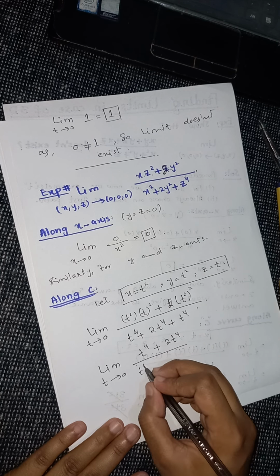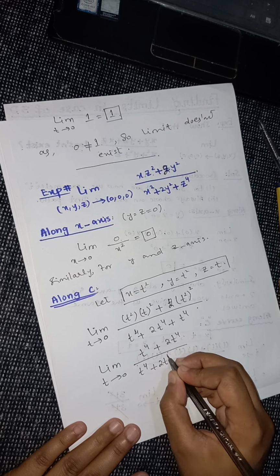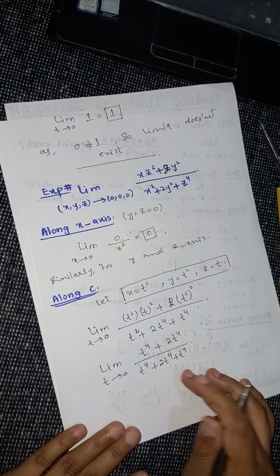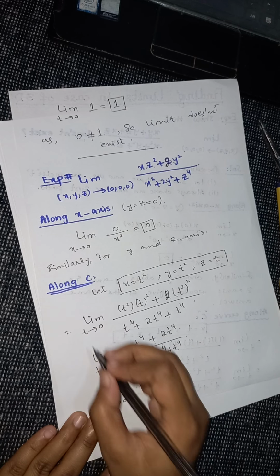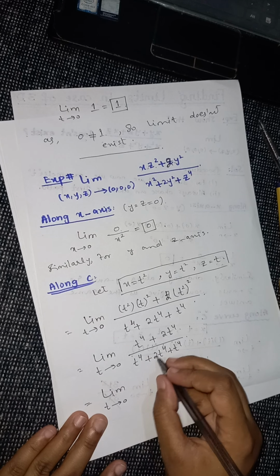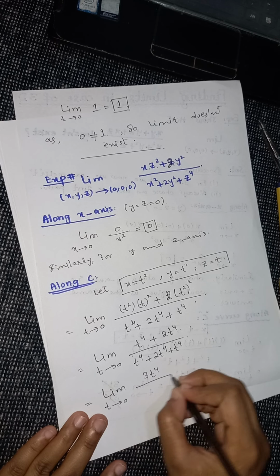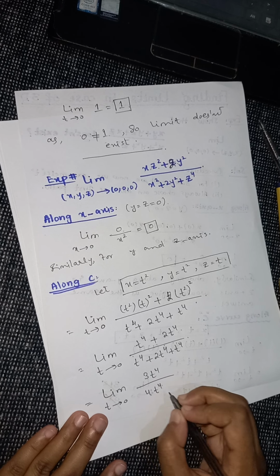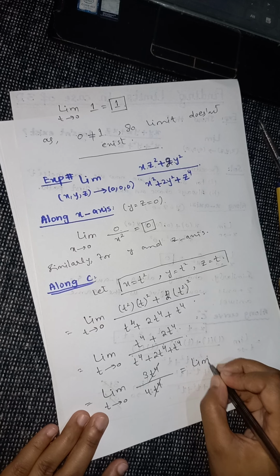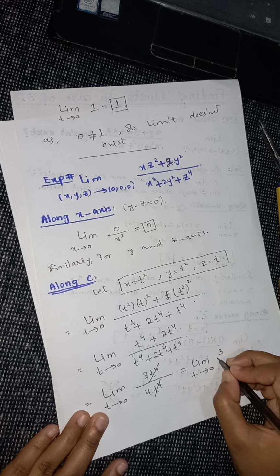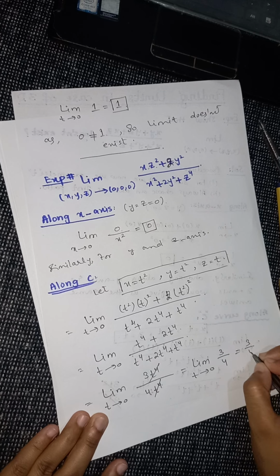And so here we have t4 plus 2 t4 plus t raised to power 4. And if we simplify it further, then we will get limit t approaches to 0, equal to 3t raised to power 4 over 4t raised to power 4. And if I cancel them with each other, then I will get limit t approaches to 0 of 3 by 4, and it is equal to 3 by 4.